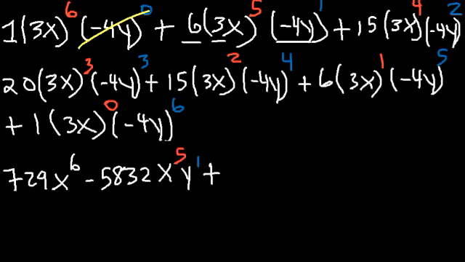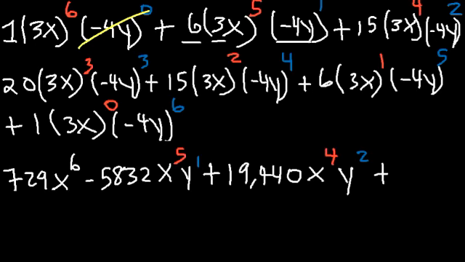3 to the 4th is 81 times 15, which is 1215, times 4 squared. So you should have 19,440 x to the 4th power, y to the 2nd power. Now let's try the next one.